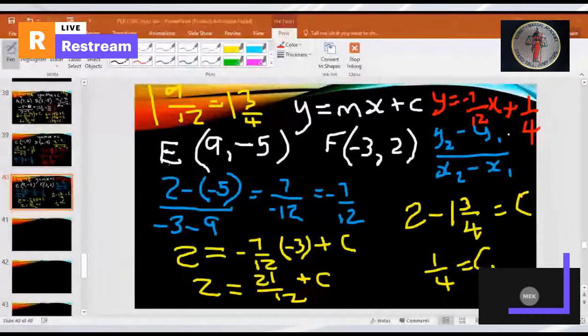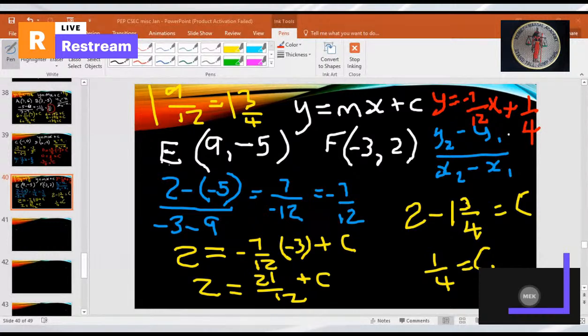What we mean by y2 is the second y value. So we're given two pairs of coordinates. For example, in this case, point E is (9, -5). So 9 is your first x value, and -5 is your first y value.